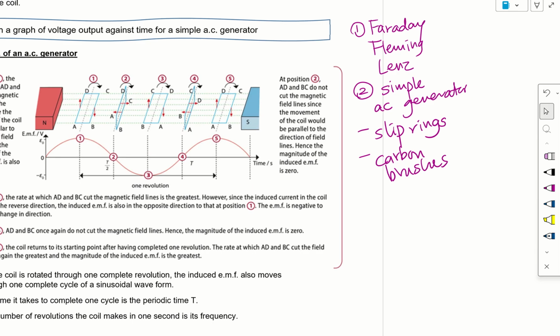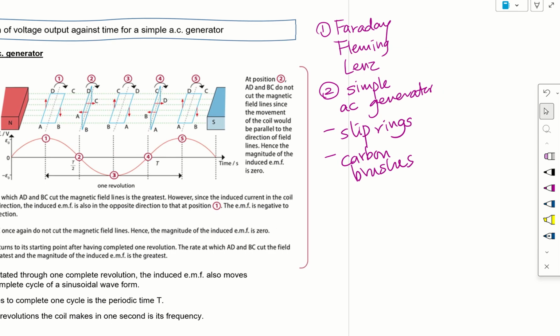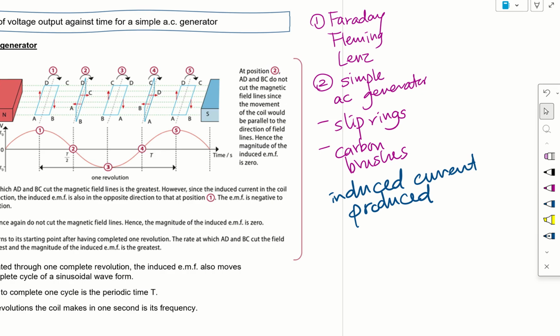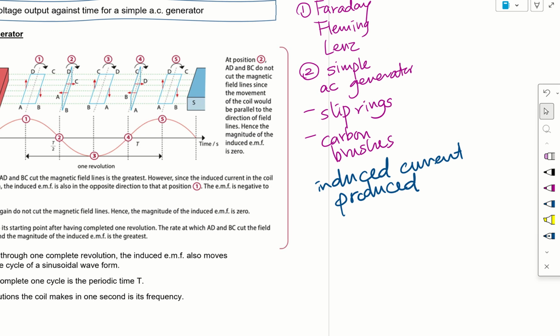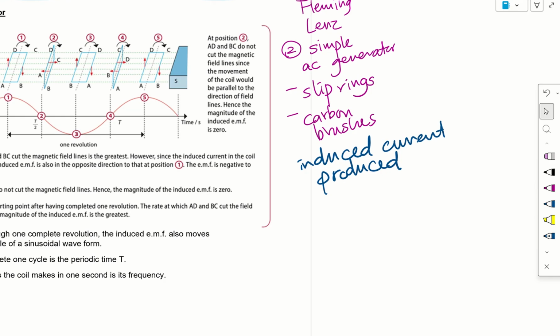And what we need to know is that there will be induced current produced when we provide a force to cause the conductor to turn in an external magnetic field, because there will be a change in magnetic field experienced by the coil.